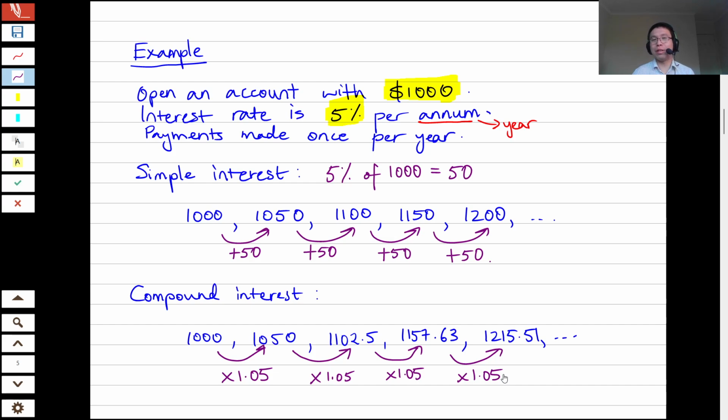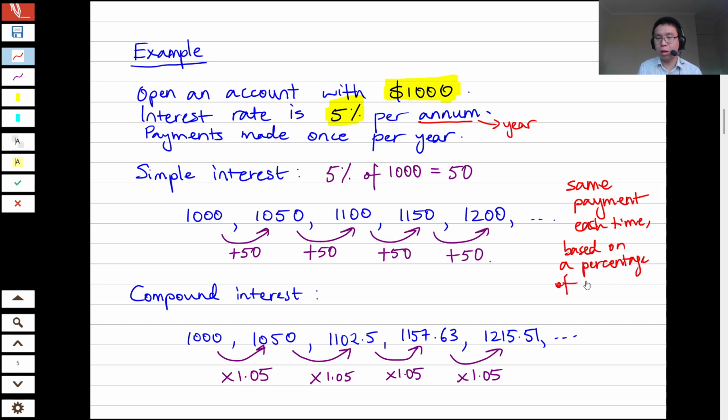And this is how bank accounts work in the real world, and this is how bank loans work in the real world as well. So compound interest is really the real world. We teach you simple interest first because it's helpful for understanding compound interest. So simple interest is the same payment each time, based on a percentage of the amounts at the beginning.